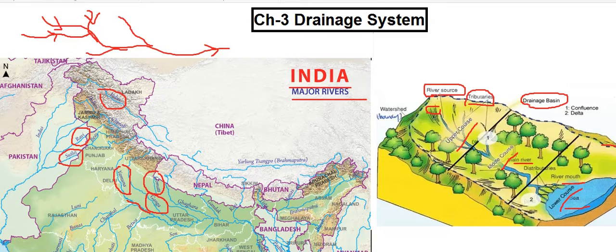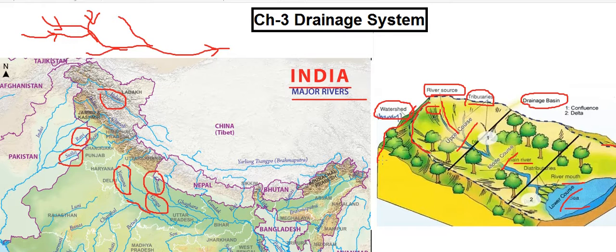Now one topic is left here, that is, what is watershed. So watershed is a boundary line. You can say this is the boundary line which separates one drainage basin from another. So this is one drainage basin. There could be another drainage basin this side. So what separates the rivers of one drainage basin from another is called the watershed.